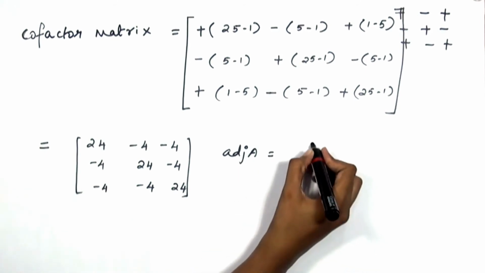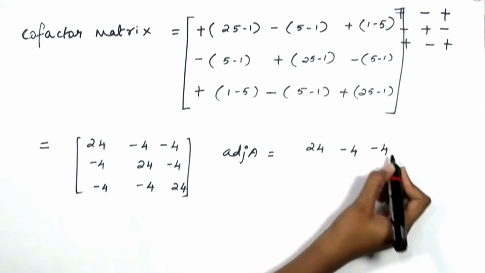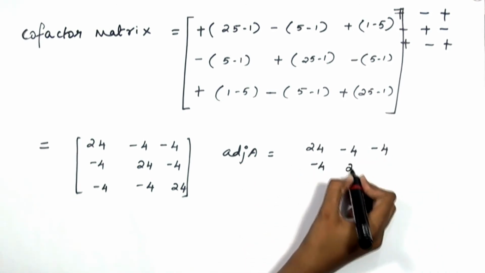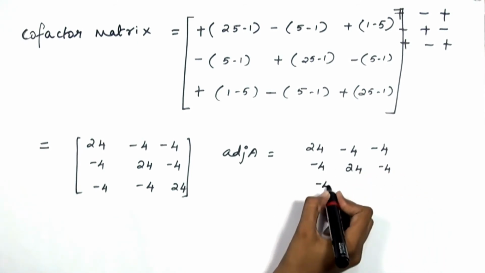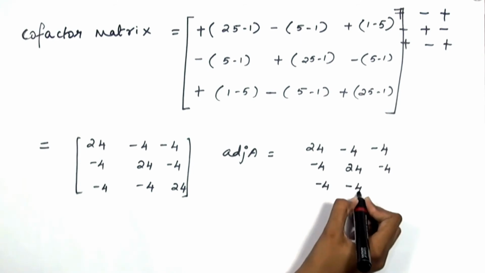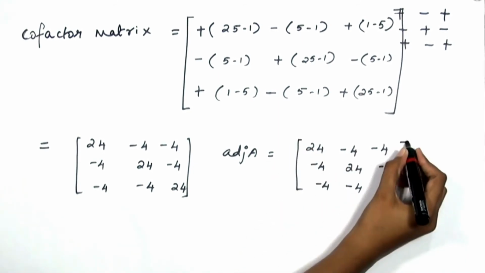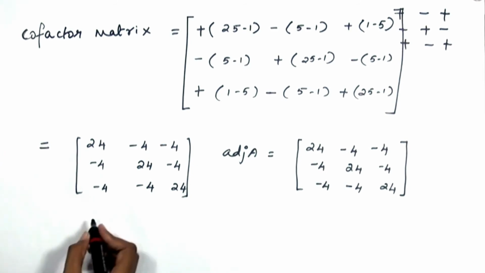Adjoint A becomes 24, minus 4, minus 4, minus 4, 24, minus 4, minus 4, minus 4, 24. As we know, transposing is nothing but converting rows into columns. Now, by substituting the value of A determinant and adjoint A, we will be finding A inverse.